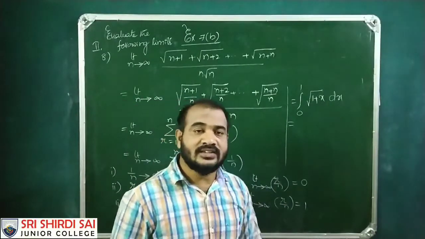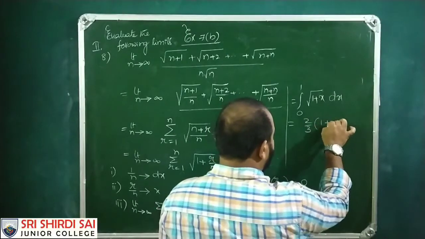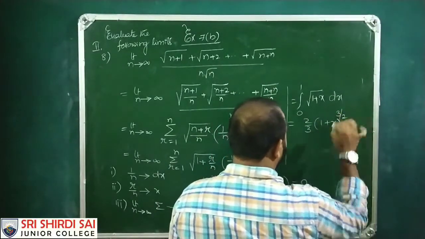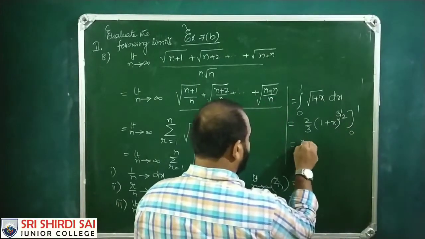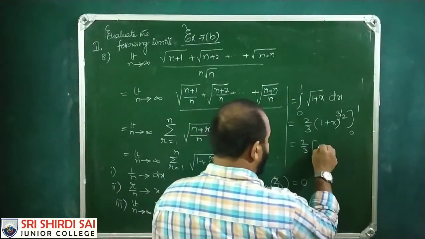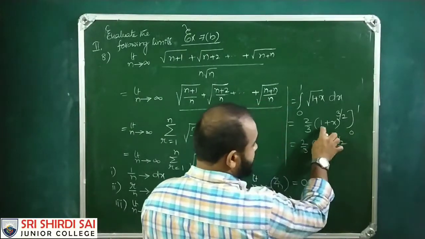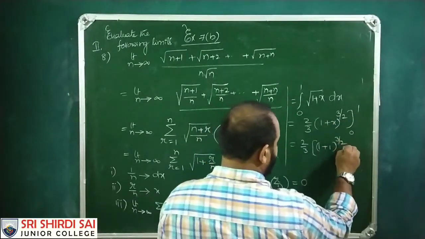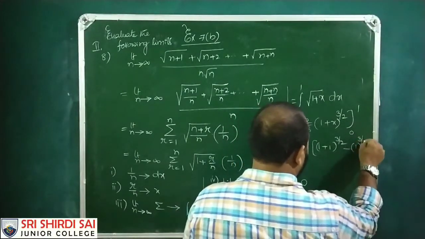Integral of root (1 plus x) is 2 by 3, (1 plus x) whole power 3 by 2. Since the process is over, 0 to 1 is to be written here, so 2 by 3, (1 plus 1) whole power 3 by 2, in the place of x upper limit, minus (1 plus 0) whole power 3 by 2.